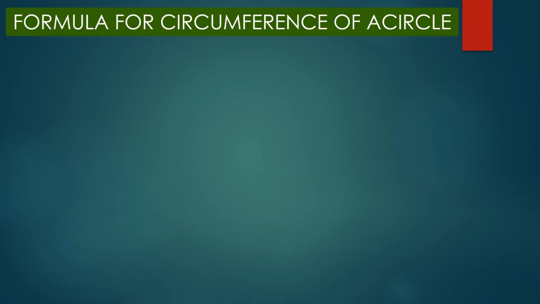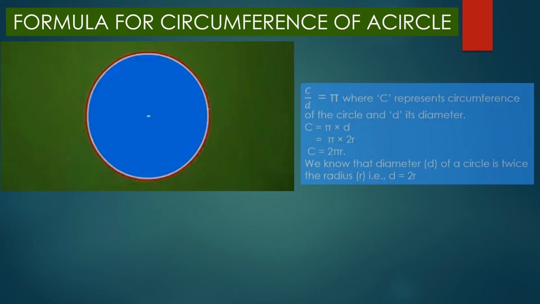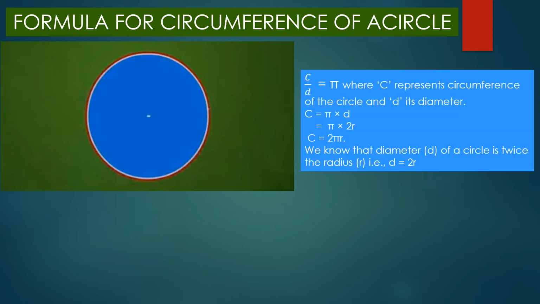Formula for circumference of a circle. We have seen that C by D is equal to pi, where C represents circumference of the circle and D its diameter. By cross multiplication, we get C is equal to pi into D. You know that diameter is equal to 2 times radius. Therefore, instead of D, we can write 2R.